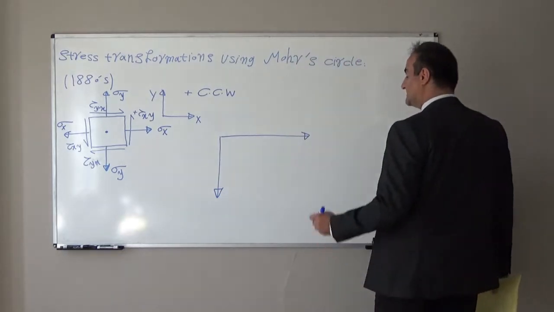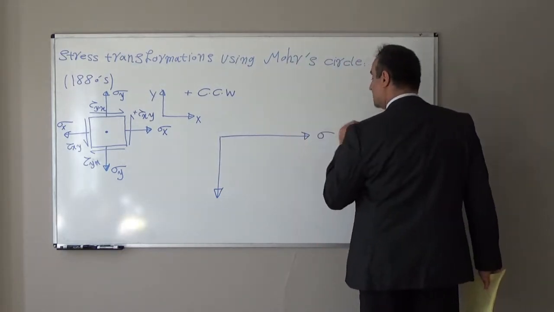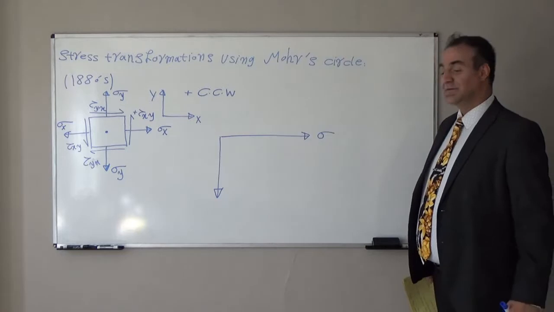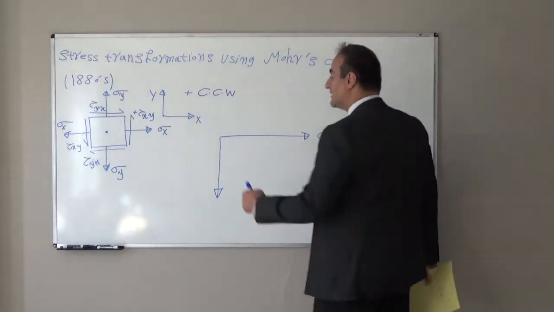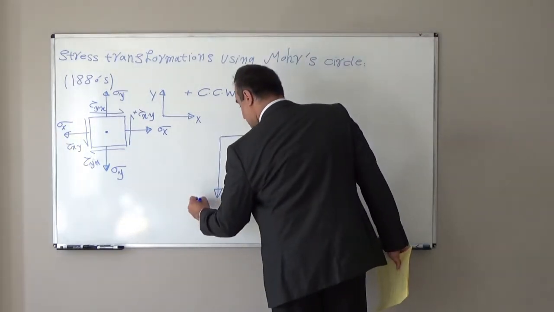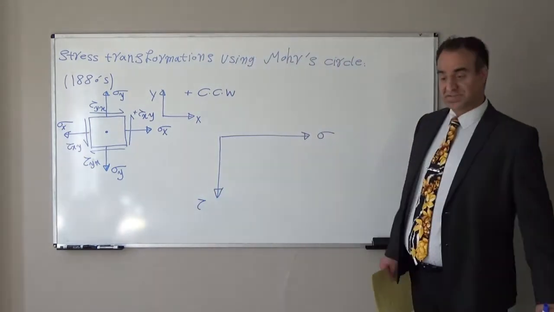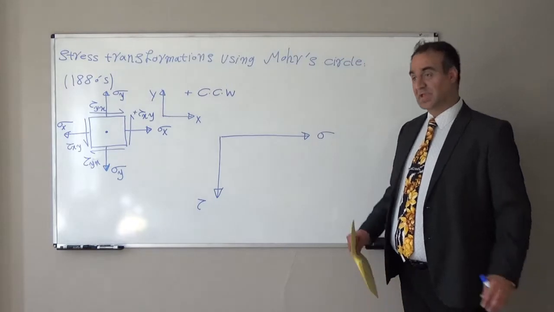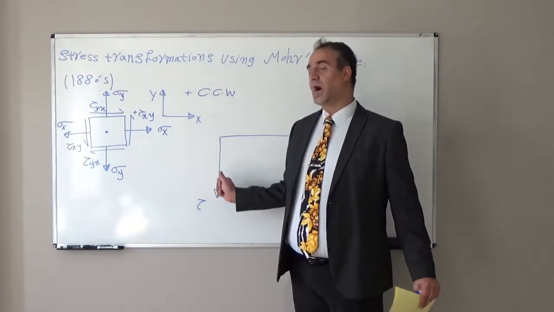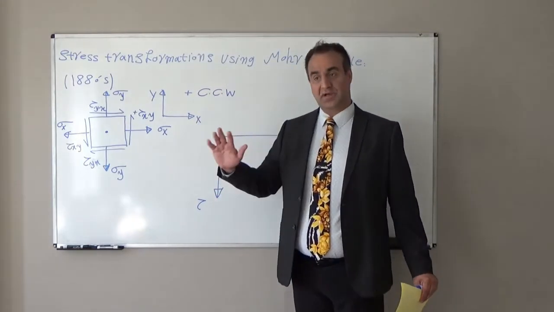Horizontal axis, we will call it sigma, normal stress. Vertical axis, positive, I show downward, and I will call it tau, shear stress. In some textbooks, you will see tau upward is positive, no problem.